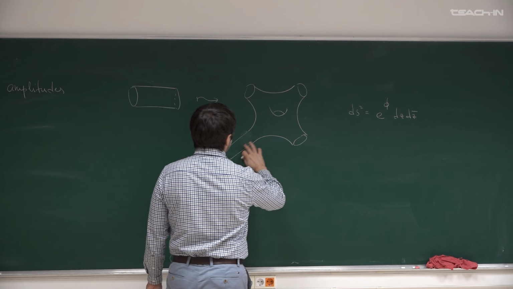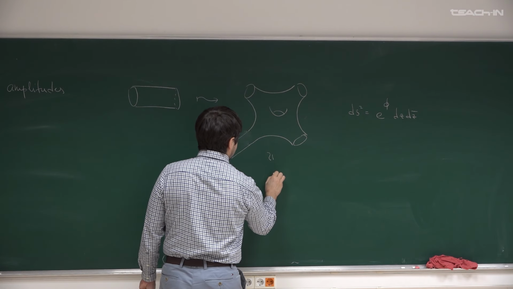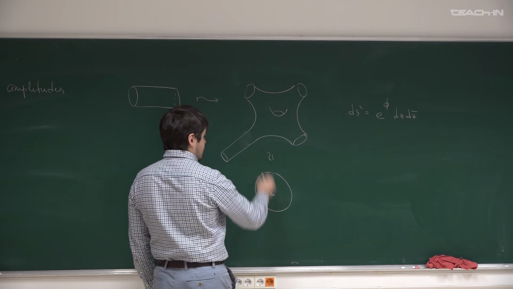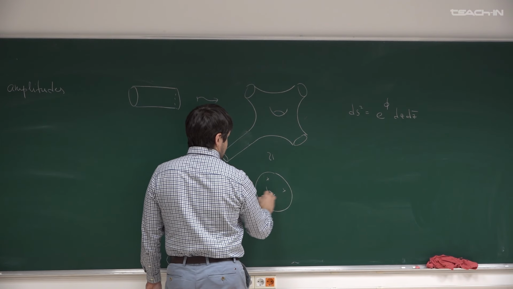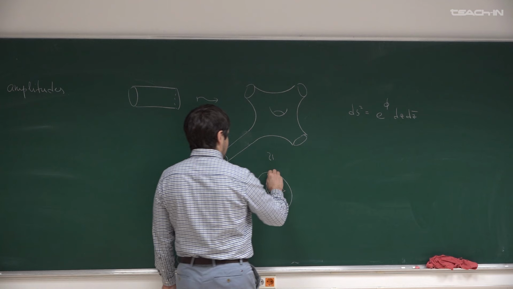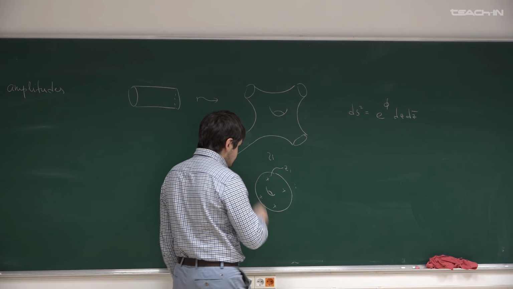Although it looks like infinite cylinders, you could equivalently think of it as a sphere, or maybe, okay, this is not a sphere, this is a torus with some marked points. You take the surface of your genus and you assume there are some marked points, and near every marked point, the metric has a cylindrical type behavior.